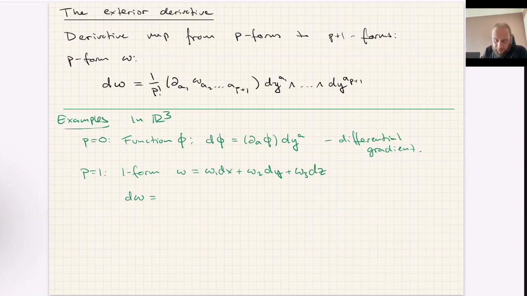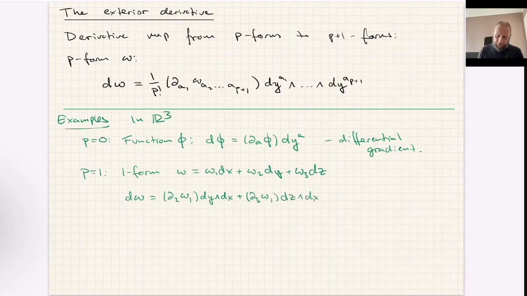So the interesting derivatives: I'm going to use 1 for x, 2 for y, and 3 for z. This means that I'm going to have two interesting derivatives here. It's d_2 omega_1, and then I get the dy wedge dx, plus, when I take d_3 omega_1, I wedge in the dz.